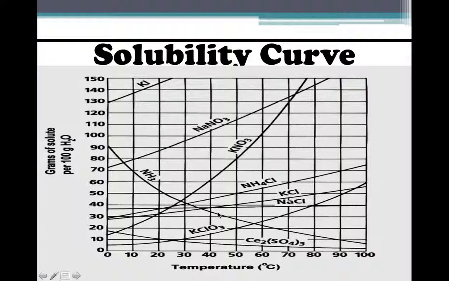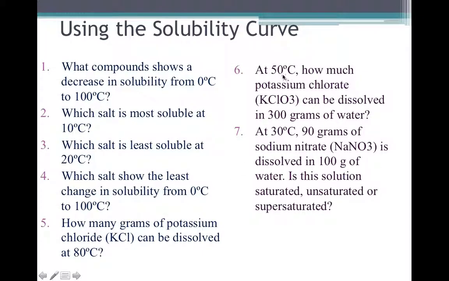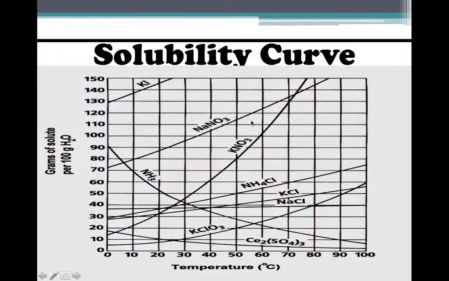So 300 grams, 50 degrees Celsius, KClO3 at 300 grams. So 50 degrees, let me get my pen. And I'm going to go up to KClO3, right here it is, at this point. I'm going to go over, and I see 20.